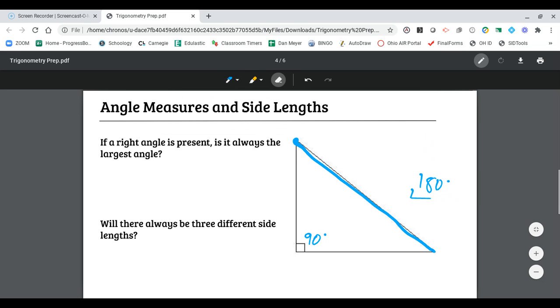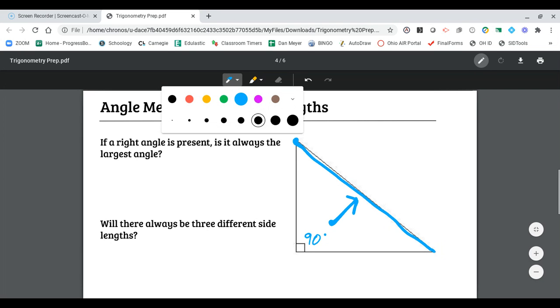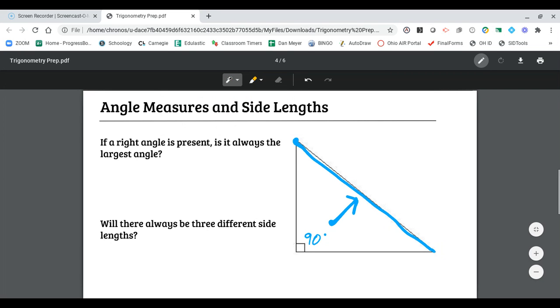So the side length across from the 90-degree angle is always going to be your largest side. And since that is the case, when you have right angles, you have right triangles, and the side length opposite the 90 degrees is always your largest side, we are going to name that, and some of you already know the name, but this will always be what is called your hypotenuse.